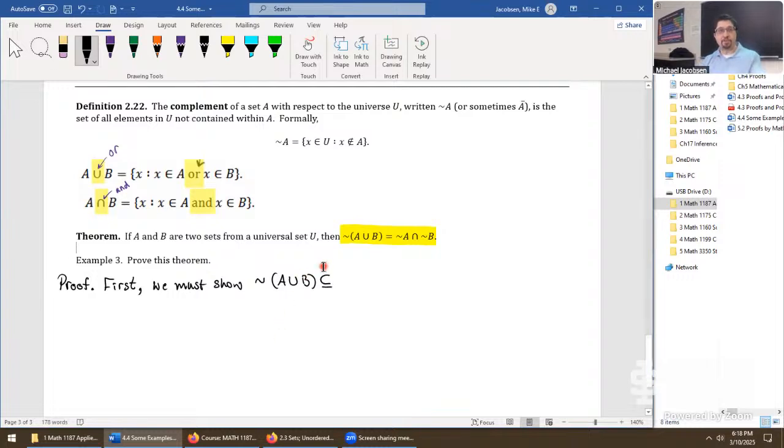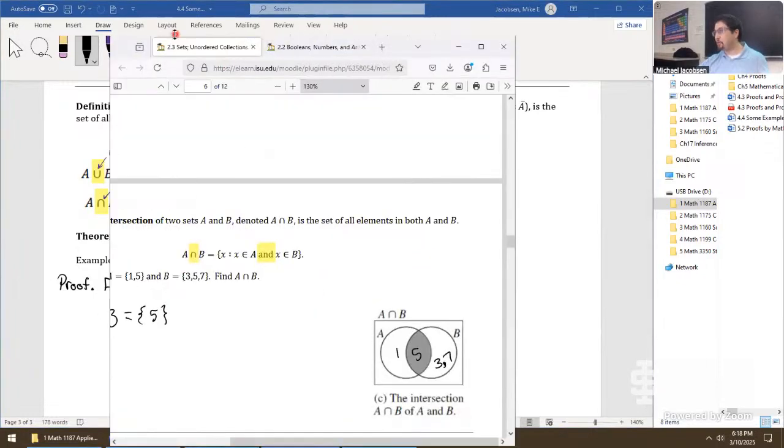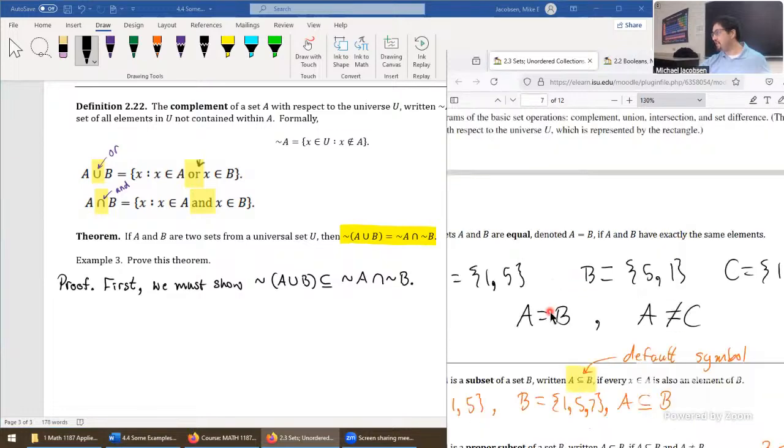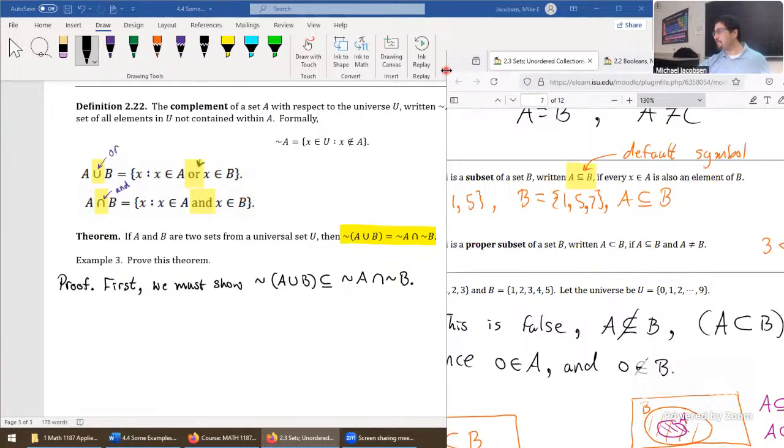I'll just say subset for short, but write out the subset equals relationship. It's a subset of the complement of A intersect with the complement of B. So this is our first definition we want to get through. And because we're doing a subset relationship, you know what? Just to organize our thoughts, let's throw that in here as well. Where is subset? There it is. It looks like we're getting warmer.